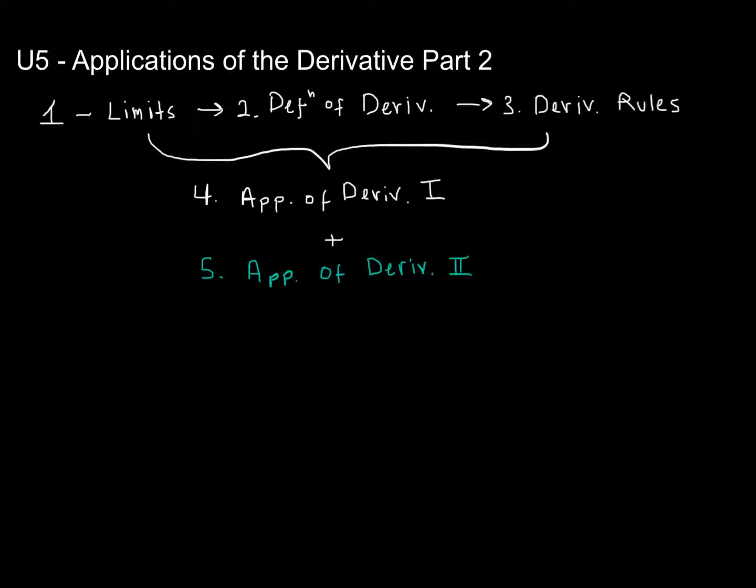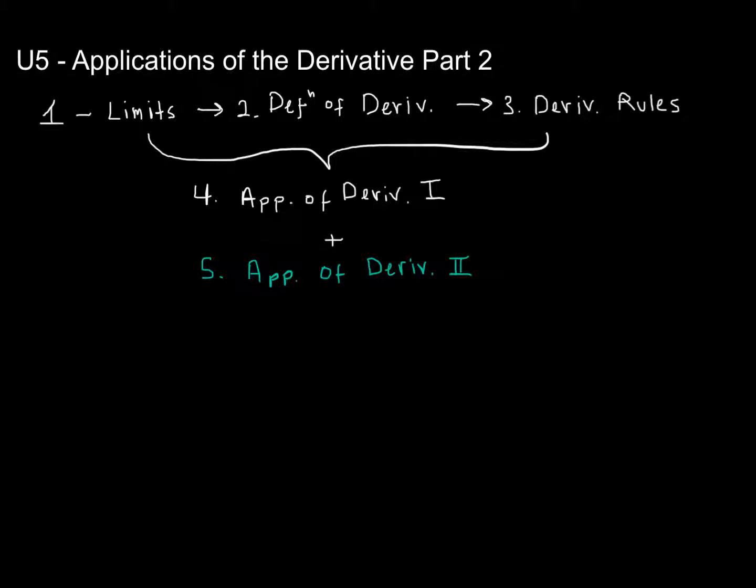All right, so Unit 5 was the second unit in which we applied the derivative. Remember, of course, we started with limits. We needed some way of interpreting instantaneous rate of change because the ways that we had tried to look at it gave us an undefined expression, and so limits allowed us to do that. We defined the derivative as the instantaneous rate of change of a function, and we used a limit to compute it.